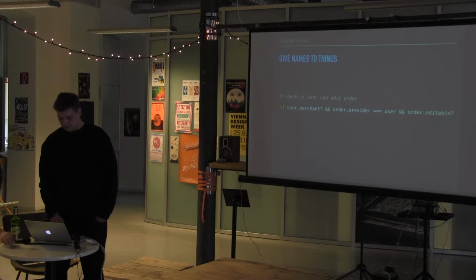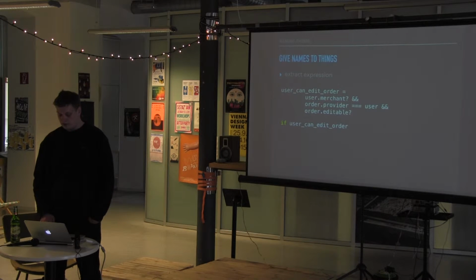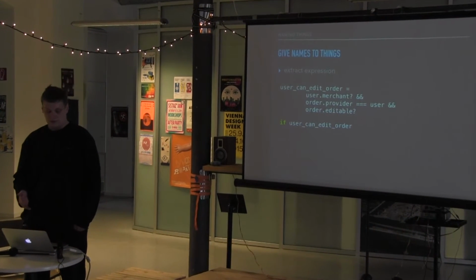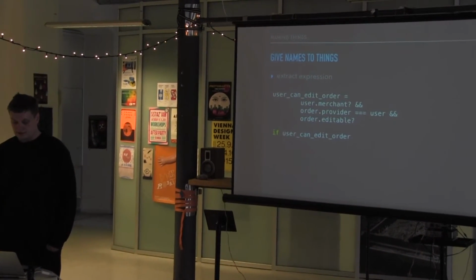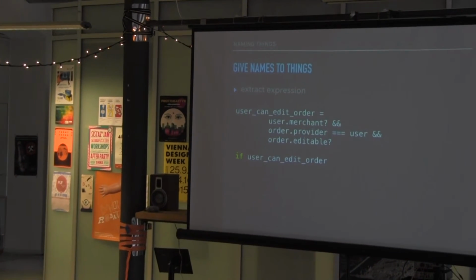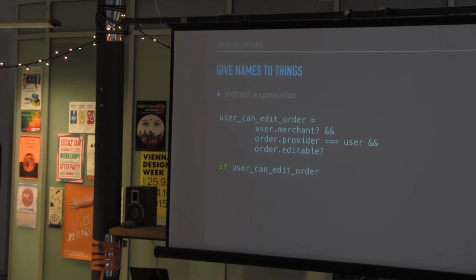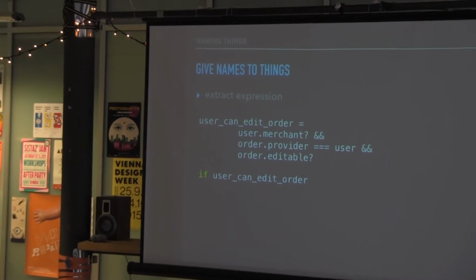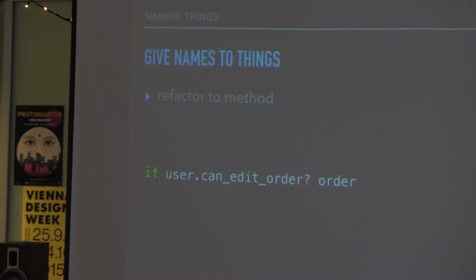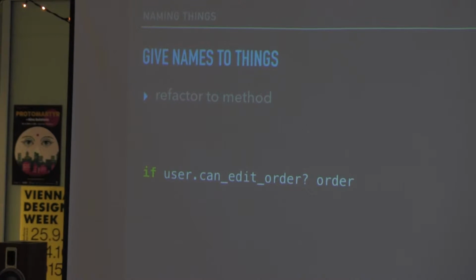So what you can do is you can extract the whole expression into a new variable that is named based on what it does. So you can say if user can edit order, and this code is much more apparent and easier to read. And once you have this extracted, you can also notice that basically you can refactor this to a method on the user object. So you can just say if user can edit order.